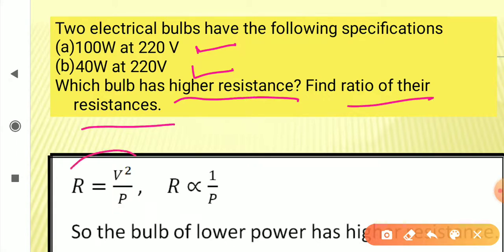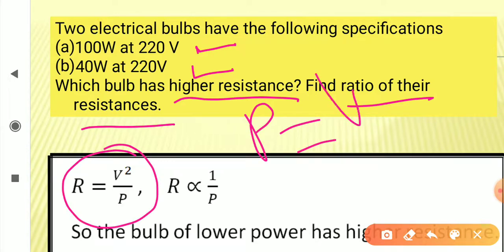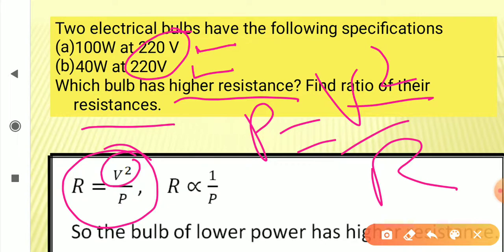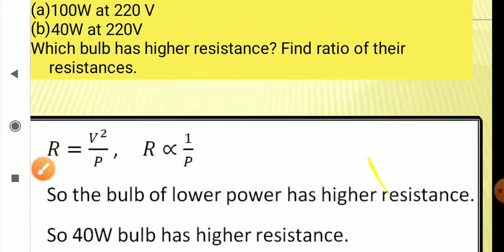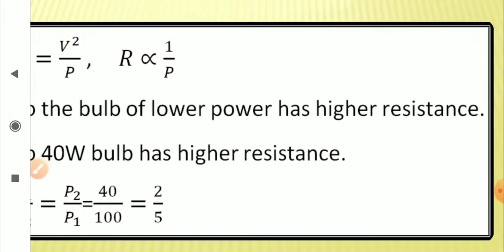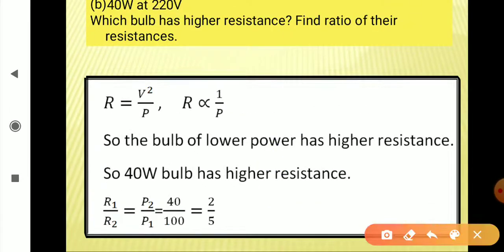Now you have this relation, R is equal to V square upon P, or P is equal to V square upon R. See? So since V is constant for both of them, I can write R is inversely proportional to P. So that means the bulb with lower power will have higher resistance. So the bulb of 40 watt will have higher resistance.